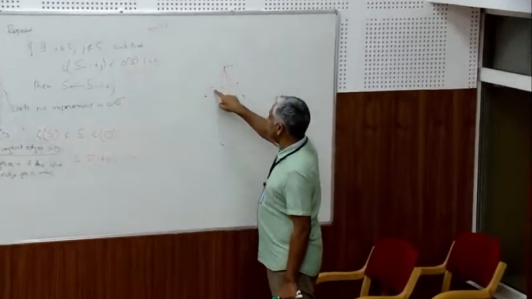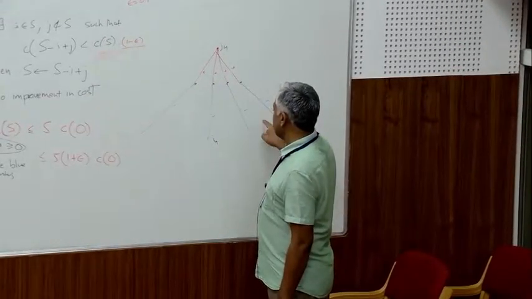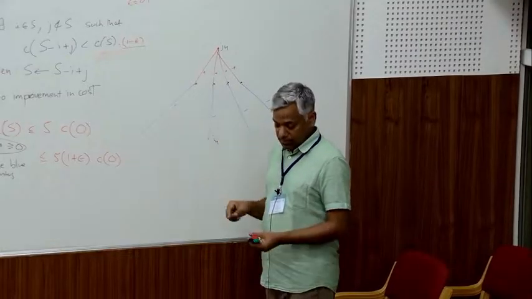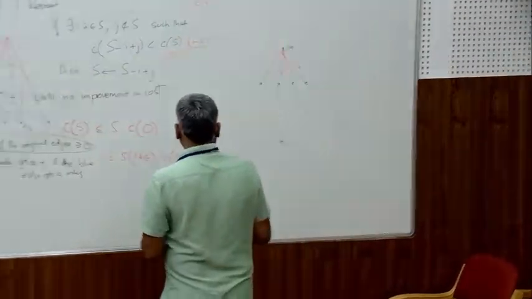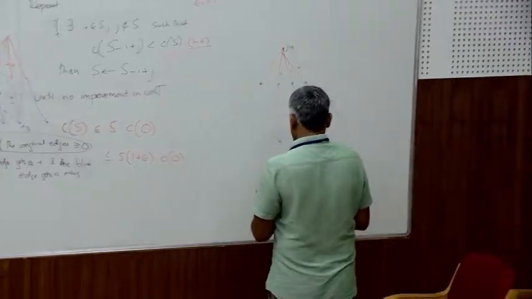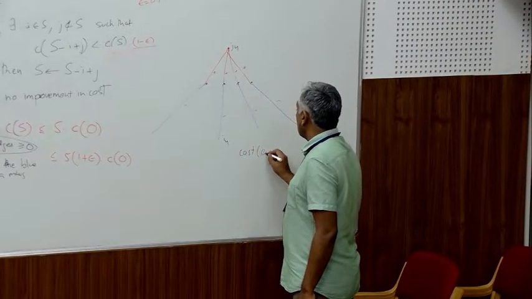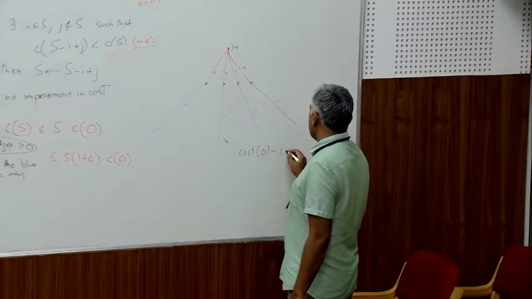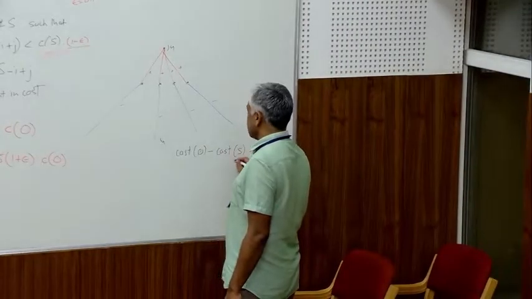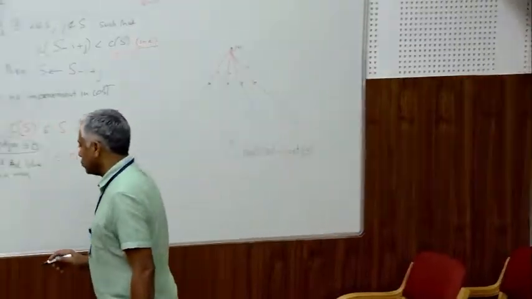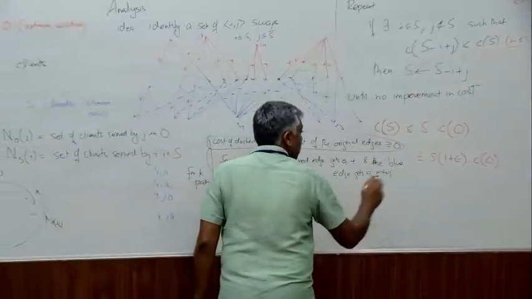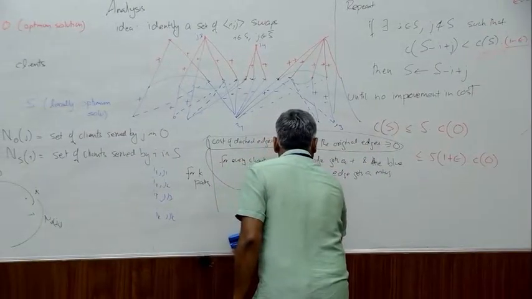Every client is going to see a plus here, and every client is going to see another minus here. So that's the second part. This is going to contribute cost of O because of the pluses minus the cost of S because of the minuses. And these two things are happening simultaneously.